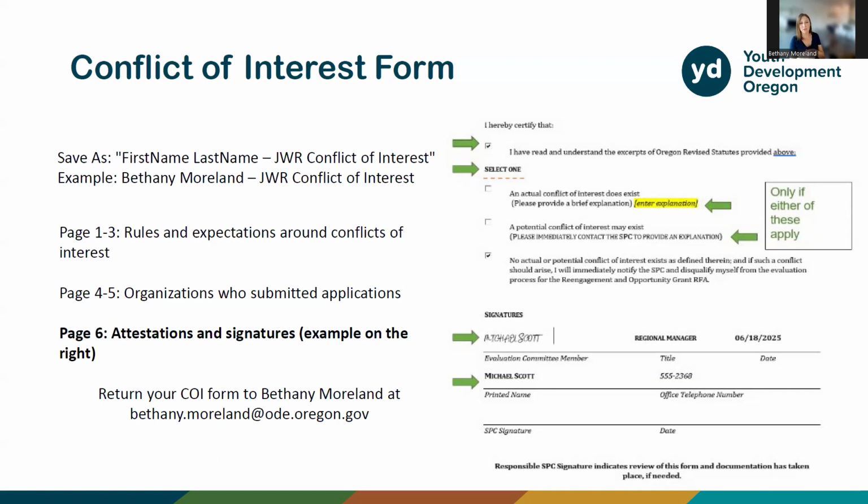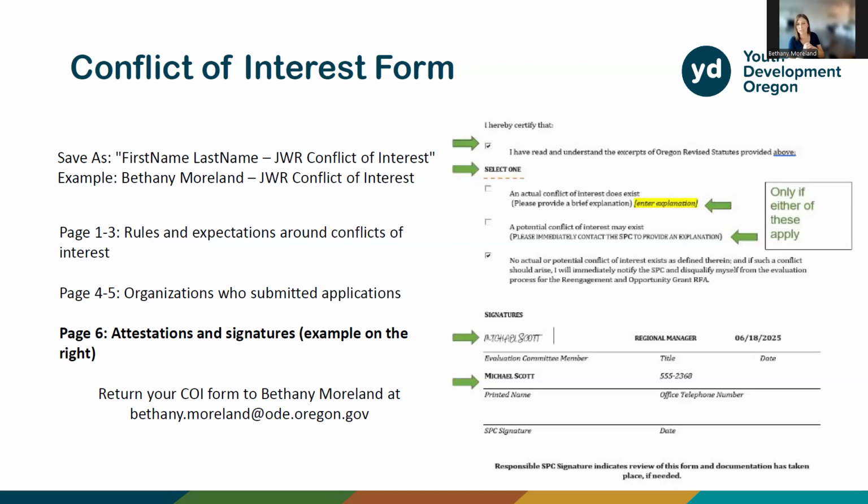Pages 1 through 3 will go through the rules and expectations around conflict of interest. Pages 4 and 5, approximately, will contain a list of applicants, and the final page will be the attestation and the signatures. I have an example on the right. Please note the green arrows throughout.